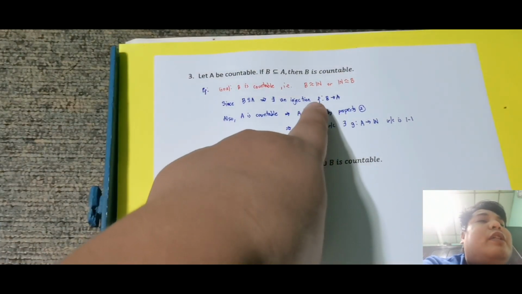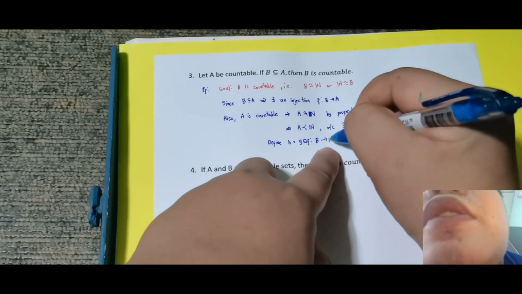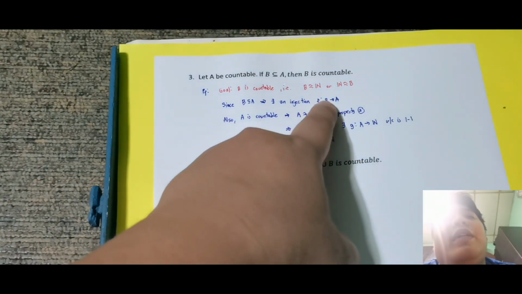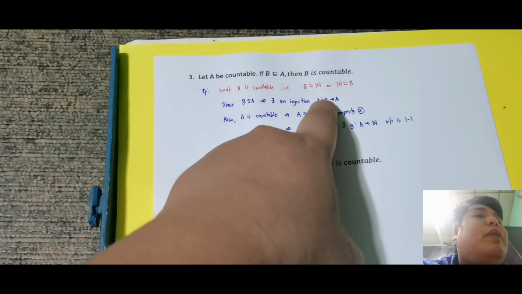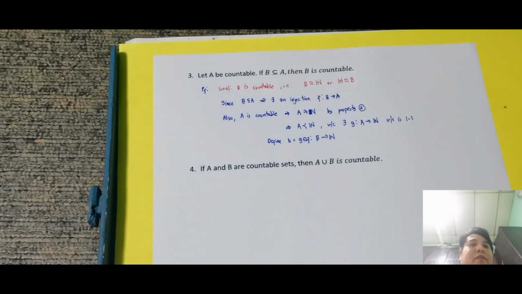It is a function mapping from B going to the natural numbers.